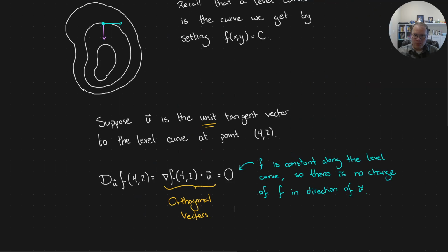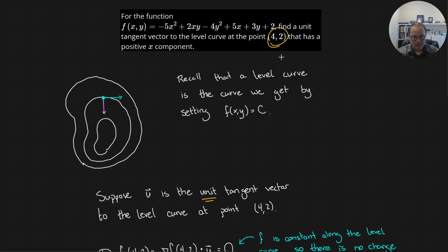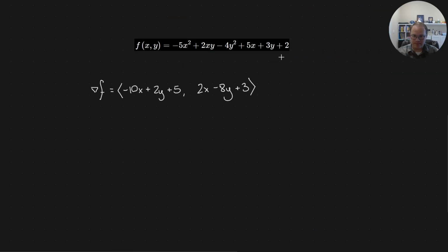I'm interested in particular in what this gradient is doing at the point (4, 2). I'm going to plug that in. So gradient of f at the point (4, 2): I just plug in 4 for x, 2 for y.